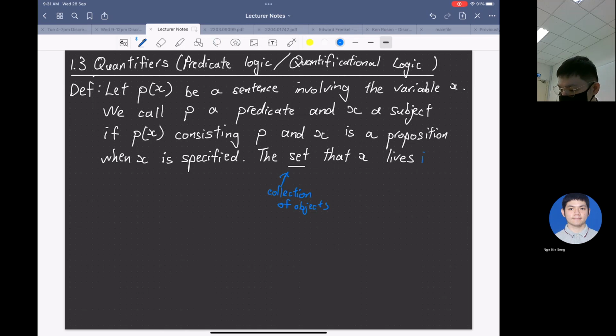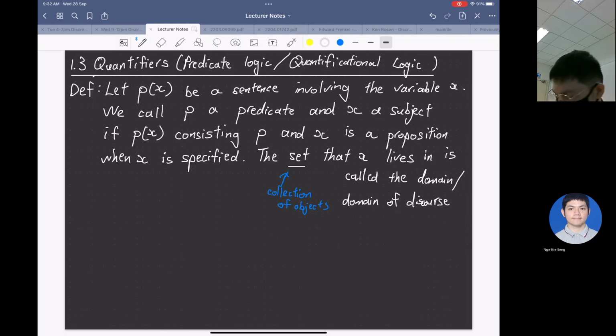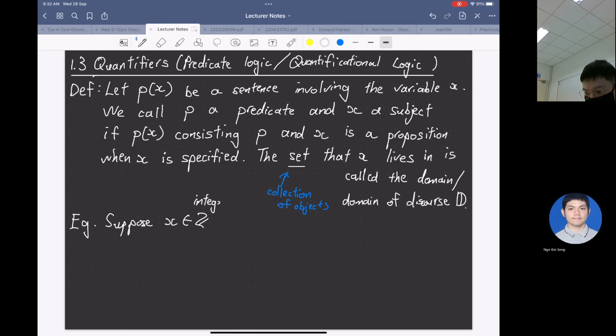The set that x lives in, we call it the domain, D. So for example, suppose x is in the integers.